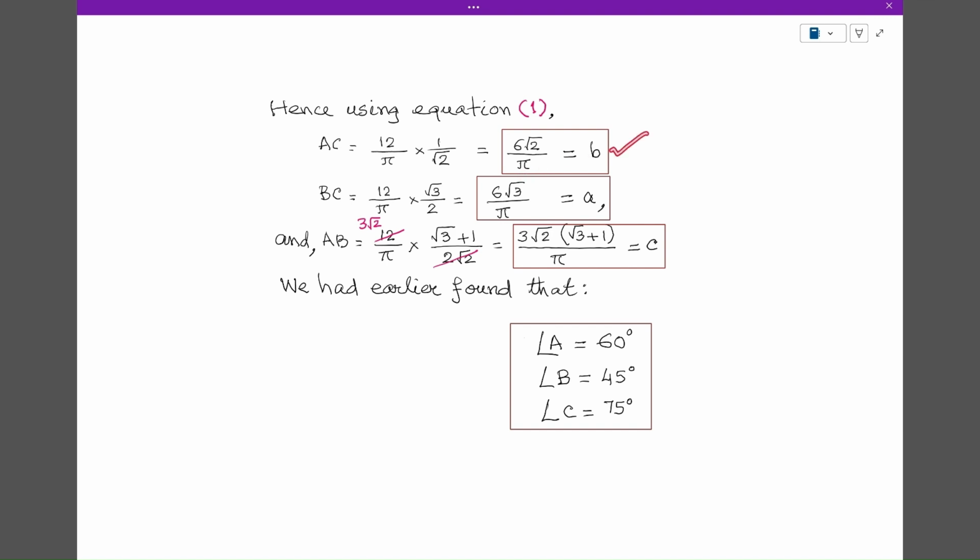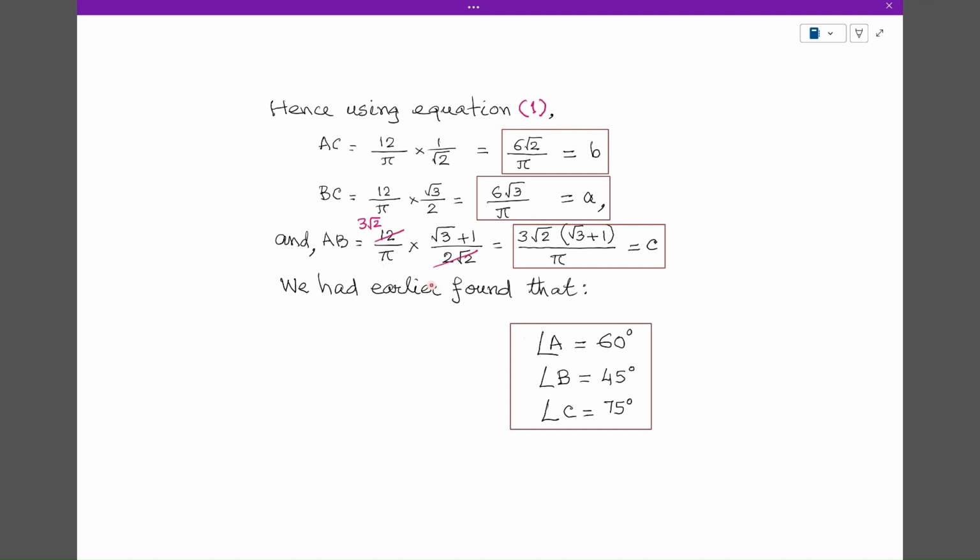that is B. Similarly, BC is equal to 12 by pi multiplied by root 3 by 2, which is 6 root 3 by pi, and that is equal to A. And AB is equal to 12 by pi multiplied by root 3 plus 1 divided by 2 root 2, and if we cancel out 2 root 2 from 12, we get 3 root 2 here remaining.